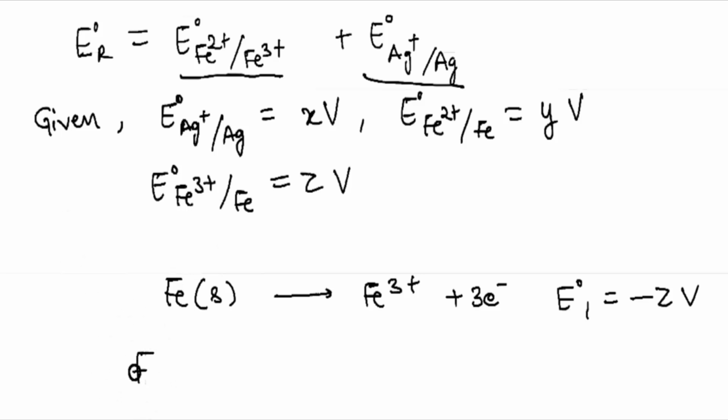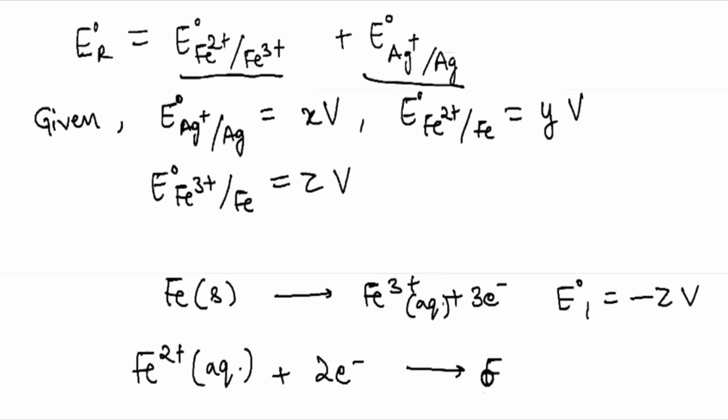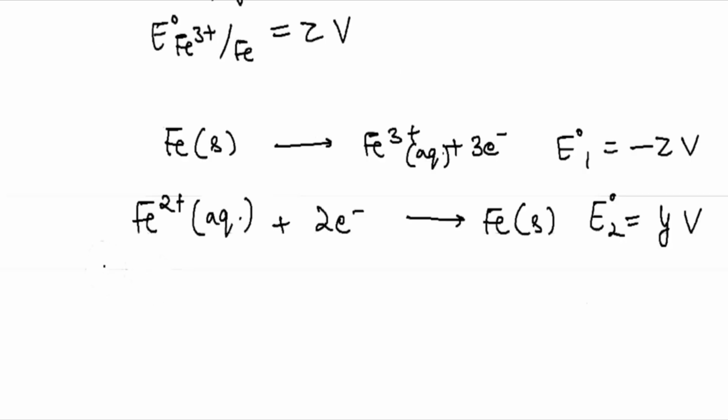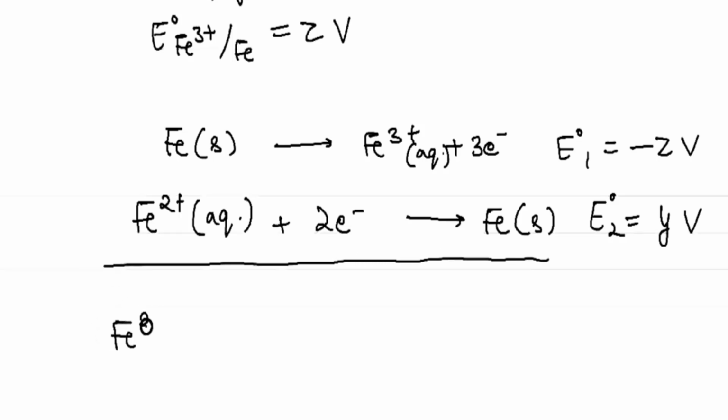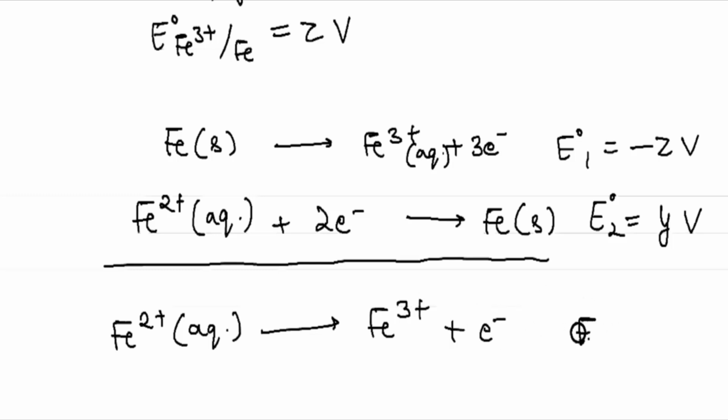And for the reaction Fe2 plus aqueous plus 2 electron gives Fe solid, E naught value is equal to Y volt. So when we add them, we will get Fe2 plus aqueous gives Fe3 plus plus electron. So let's say E naught value for this reaction will be m volt.